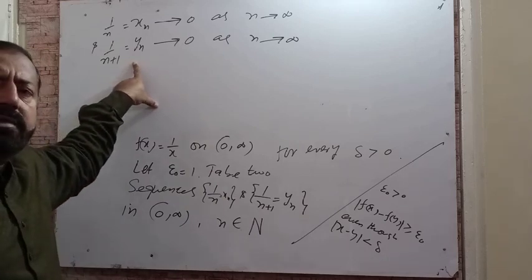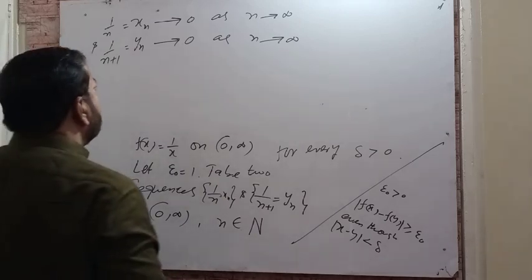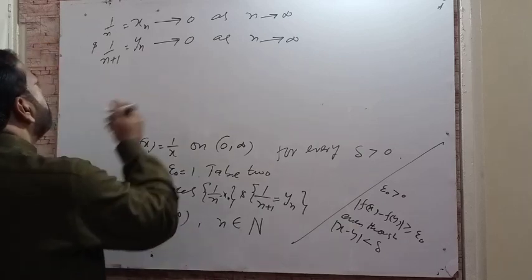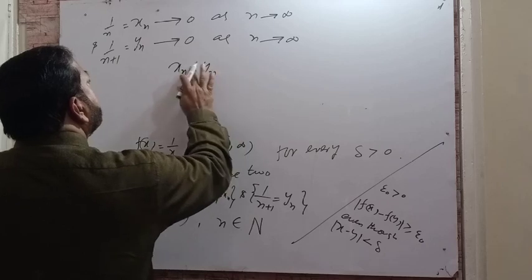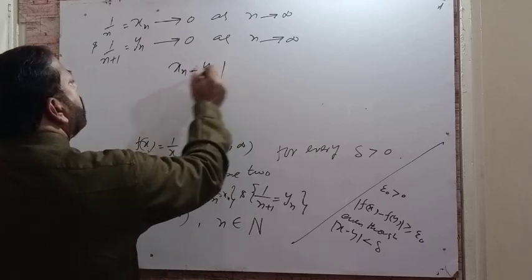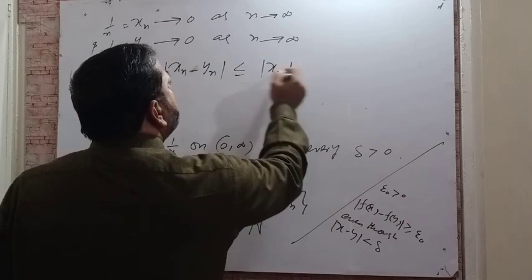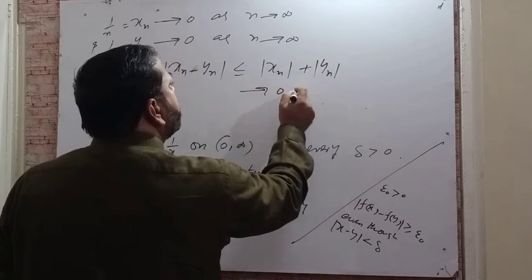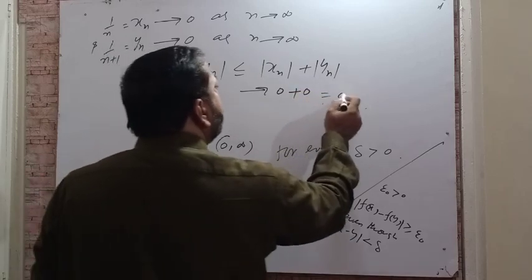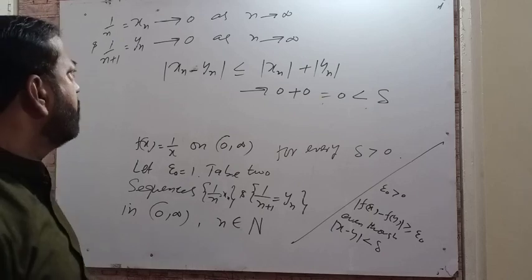So both sequences are converging to 0, and |x_n minus y_n| is less than or equal to |x_n| plus |y_n|, which tends to 0 plus 0, which equals 0, which is less than delta for every positive delta.